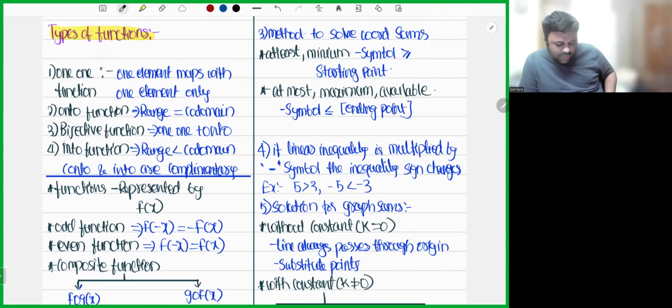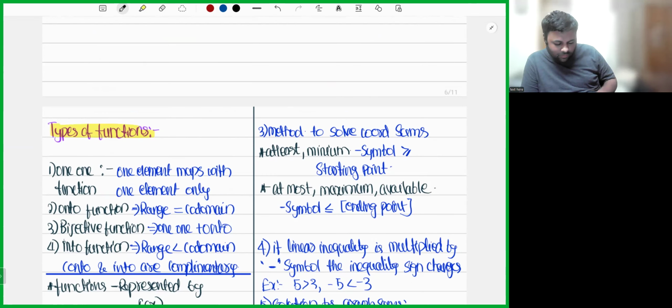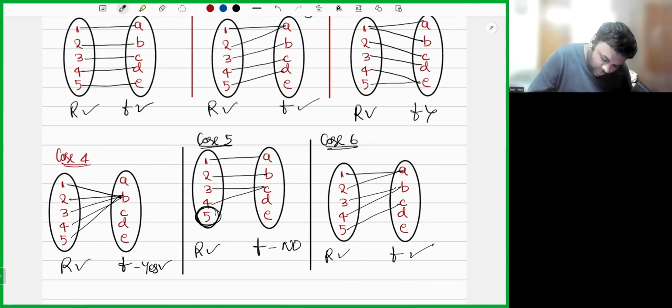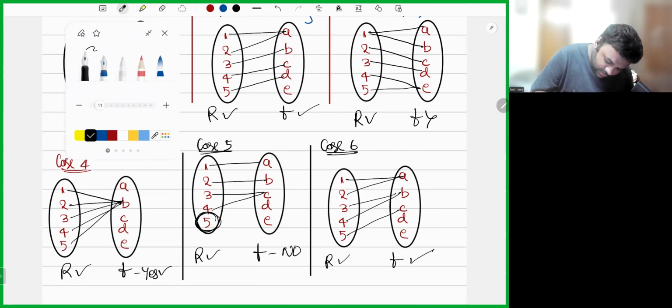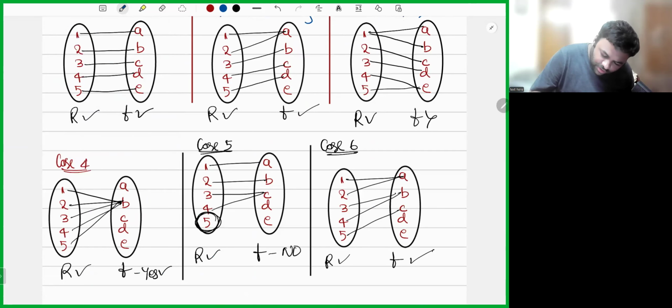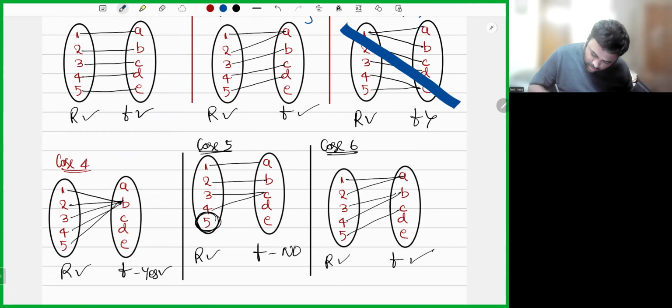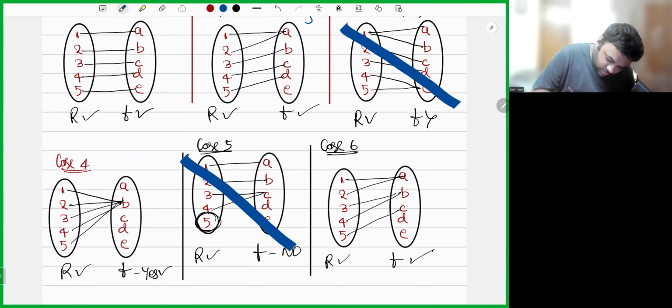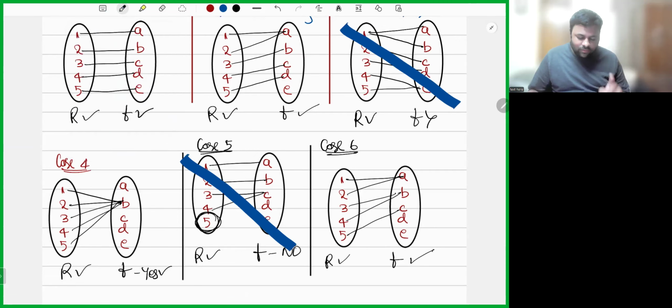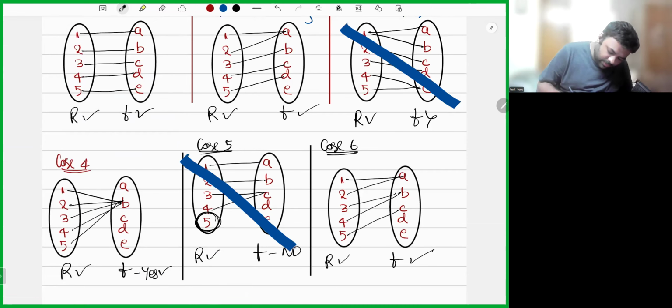Now, types of function. One-one function: one element maps with only one element. Now see here, what are not functions? Let me cancel them first. This is not a function. This is not a function. First, one element maps with one element, that is called a one-one function.